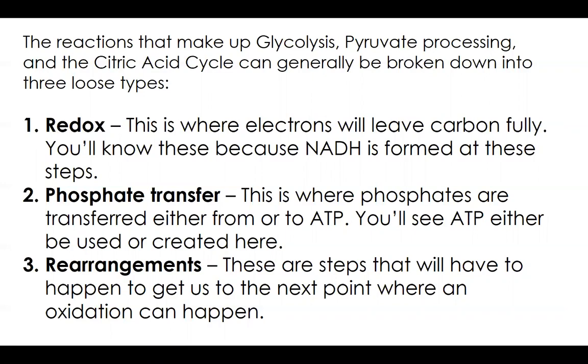So we're going to ultimately see electrons leave the system. So we'll know where these steps happen. A very, very obvious indicator is going to be where NADH is formed. So anytime an NADH is made and leaves glycolysis, that is going to be where we've actually taken electrons. Those we'll save for later, but it's important to keep track.